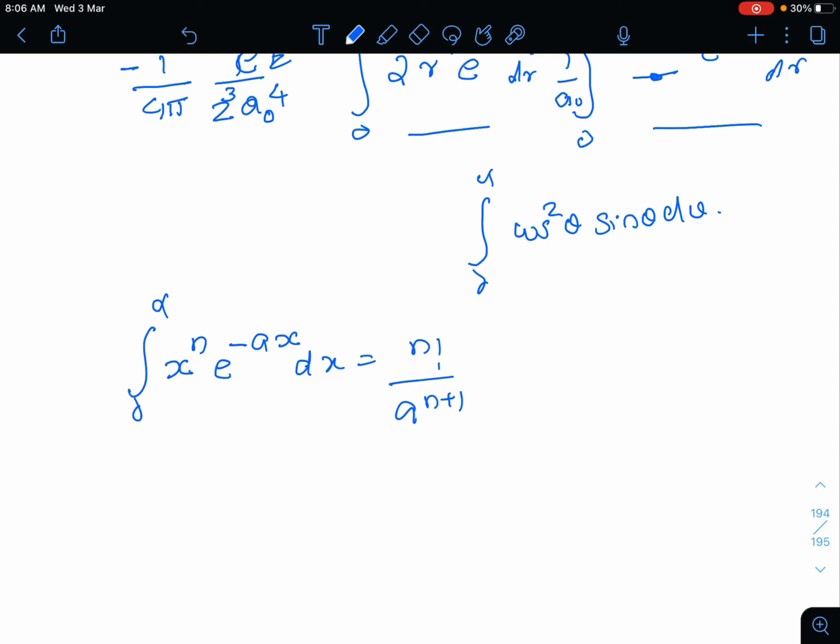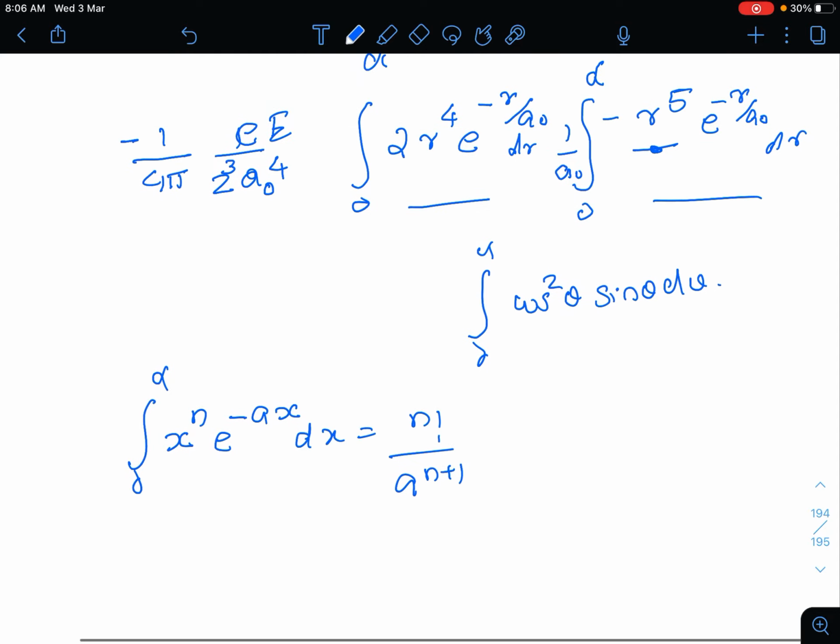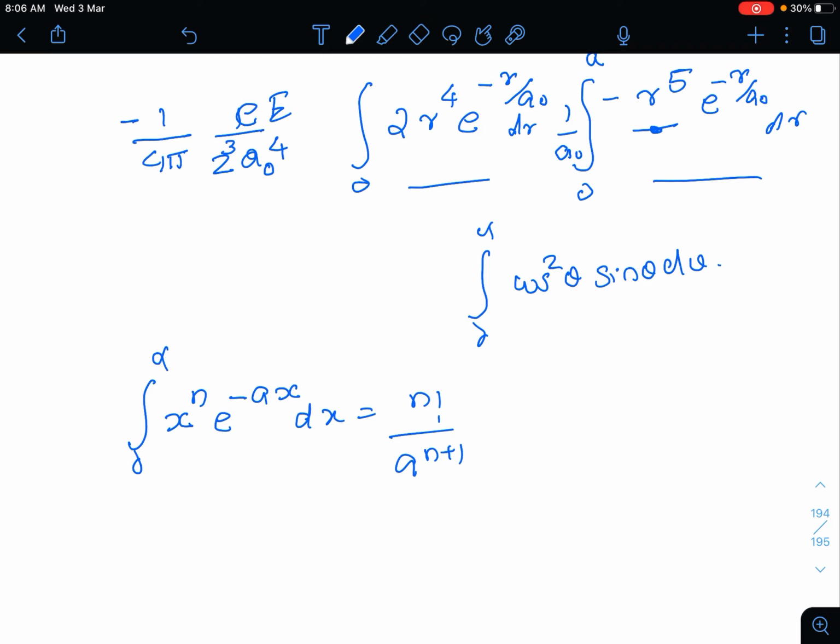Let's consider the first one, integral 0 to infinity r raised to 4 e raised to minus r by a0 dr, with the 2 outside. Comparing, n factorial is 4 factorial divided by a, which is 1 by a0, all raised to n plus 1, that is 5.